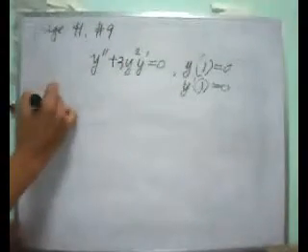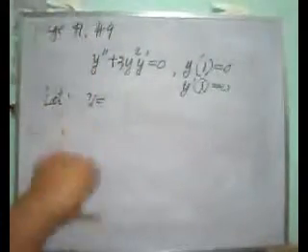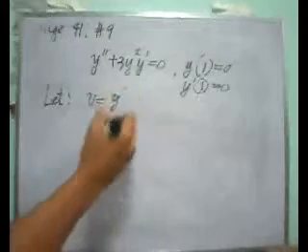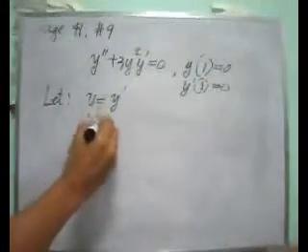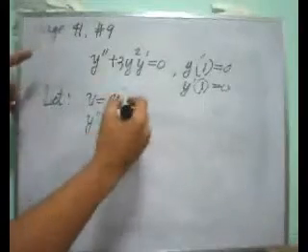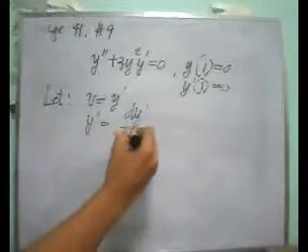And then we can find now the general solution. Now suppose that we let v is equal to y prime. So we have y double prime is our concern here. It will be dy prime over dx.